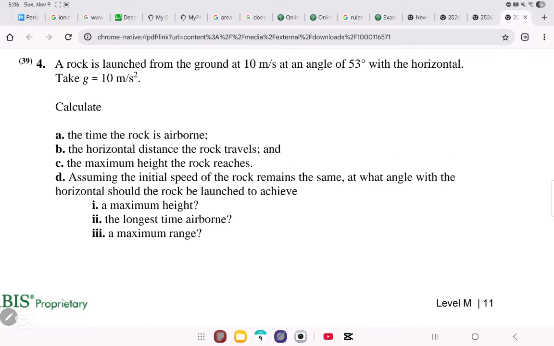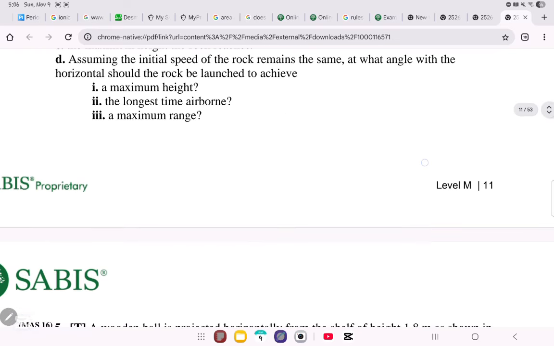Now part D, assuming the initial speed of the rock remains the same, at what angle with the horizontal should the rock be launched to achieve a maximum height and the longest time airborne? How do we achieve a maximum height, the longest time airborne, and a maximum range? For maximum height, theta is supposed to be 90 because the maximum is always 90, right?